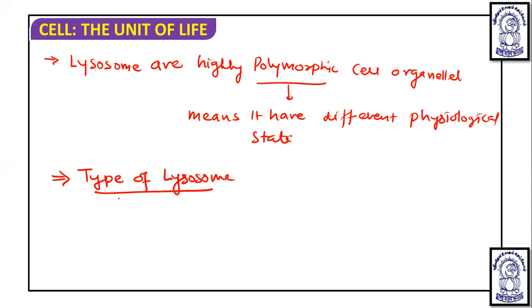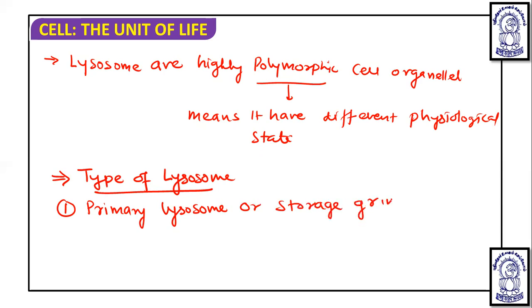So when we discuss the types of lysosome, dear student, the first type is primary lysosome, or we can say storage granule.